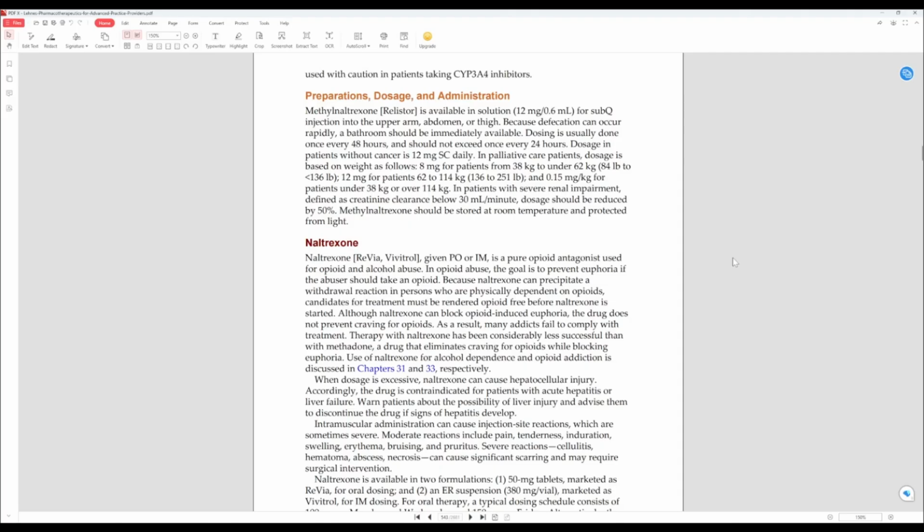In palliative care patients, the dosage is based on weight as follows, and there's a whole criteria, so please hit pause to review that. In a patient with severe renal impairment, defined as creatinine clearance below 30 ml per minute, dosage ought to be reduced by 50%. The medicine should be stored at room temperature and protected from light.